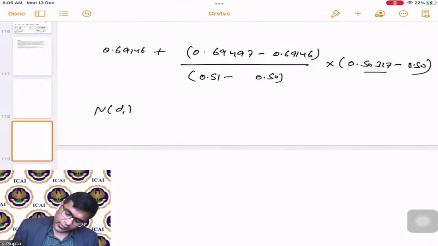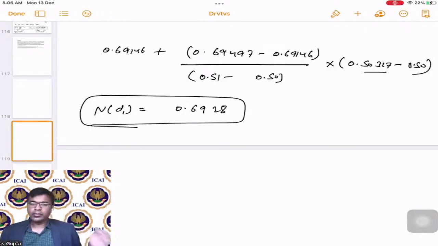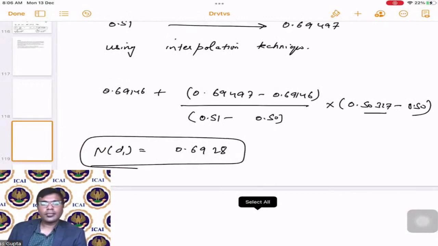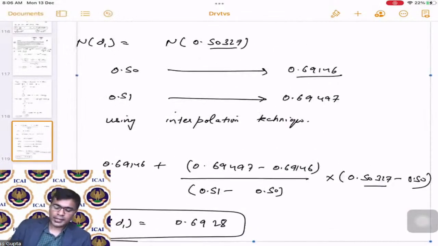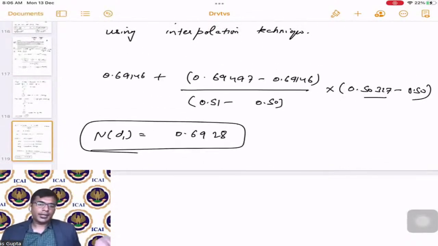Hence, ND1 is equal to 0.6928. This is called ND1. Just using the interpolation technique, we have calculated ND1.